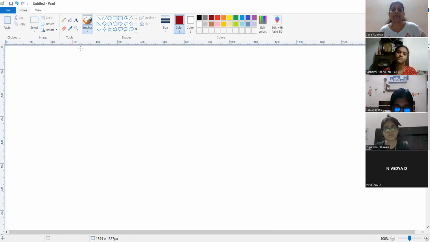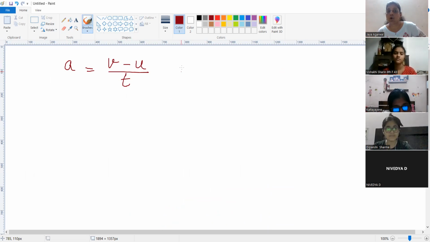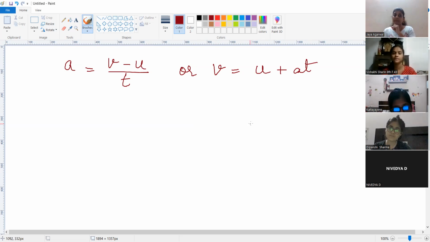Now there is one important formula of acceleration. Acceleration is equal to v minus u upon t. Or you can also write it as what? What is the first formula?